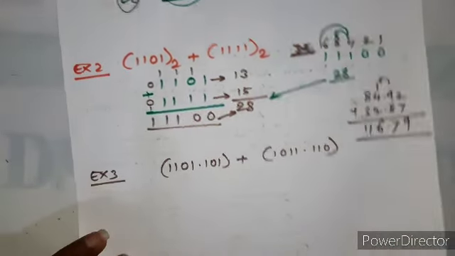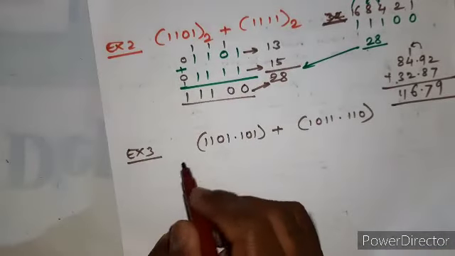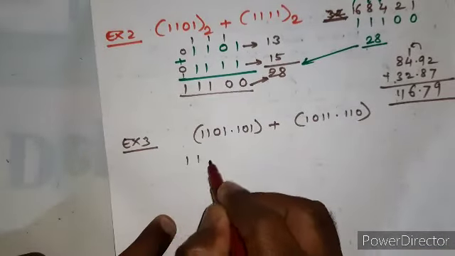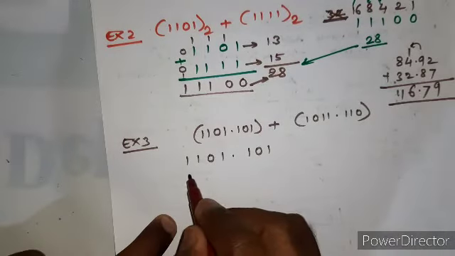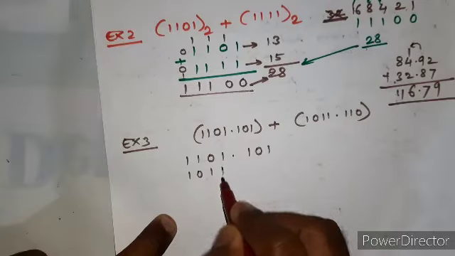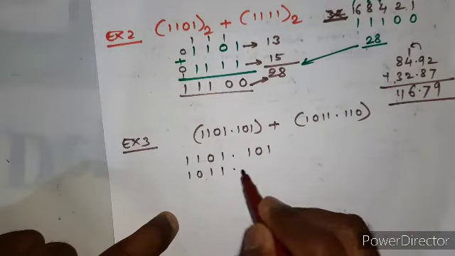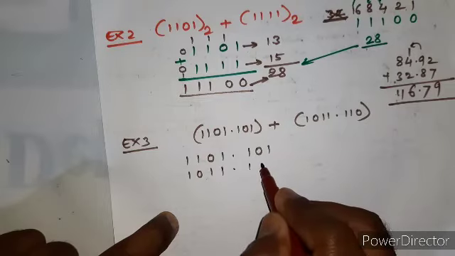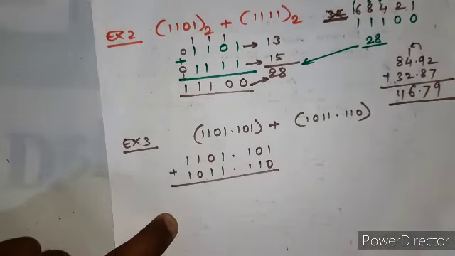So similarly we can have here also. So I can write down here 1101.101 plus 1011.110. You can simply add this.